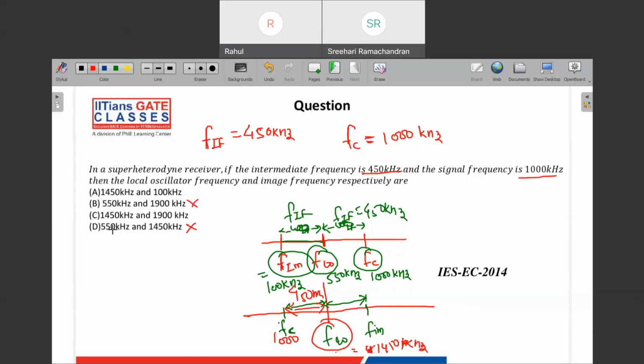We have 1450. Now let's talk about the image. The image will be again a further 450 from FLO, so it will be 1450 plus 450, which is 1900. So this will be the correct answer.